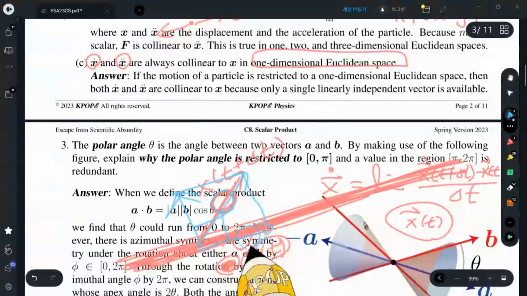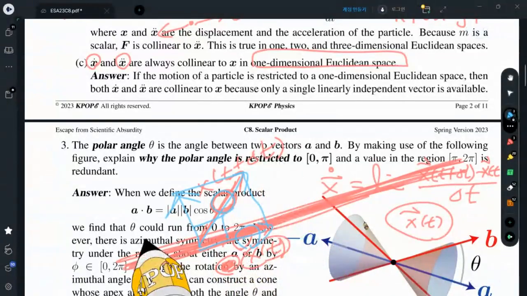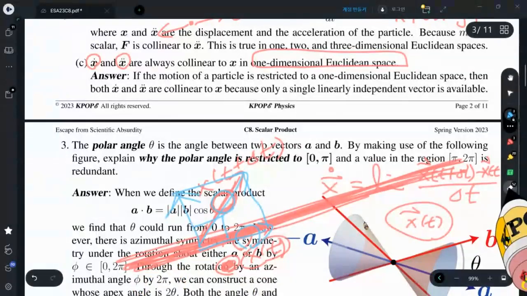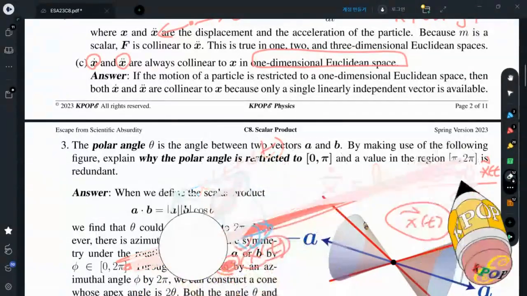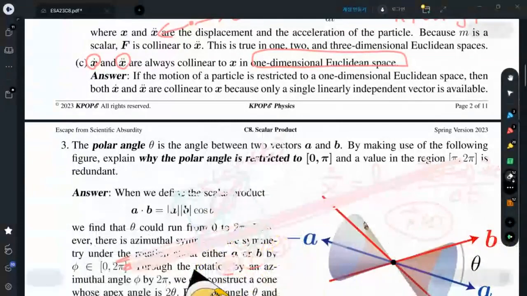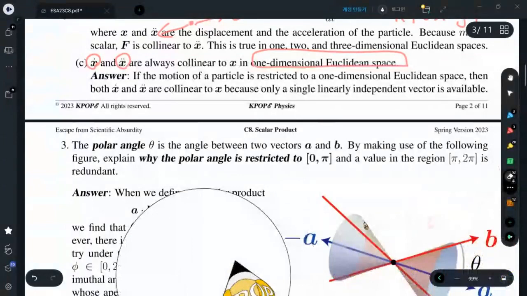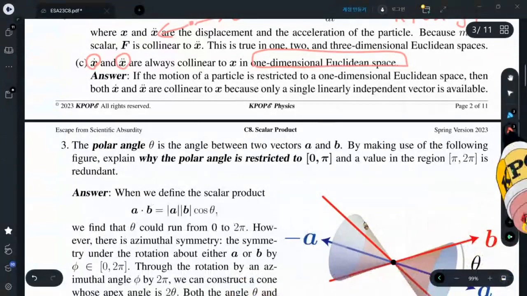So these 2 vectors in 2 or 3 dimensions, they are linearly independent. If I have 2 vectors, then in 2 dimensions, we have only a single angle.